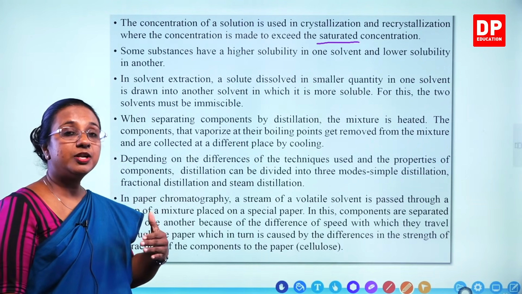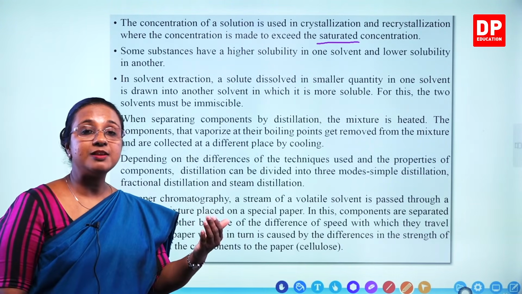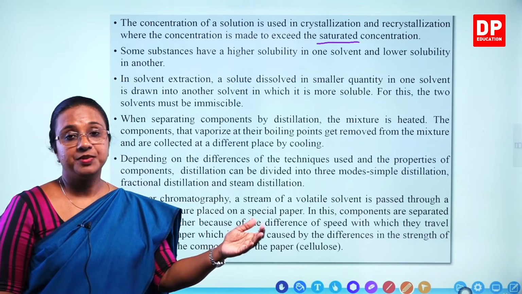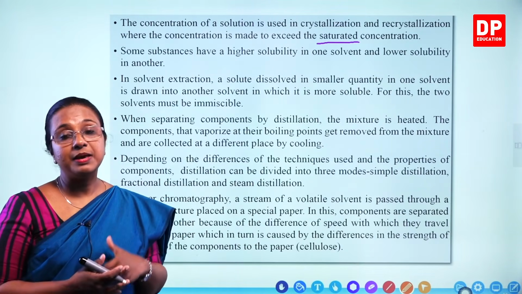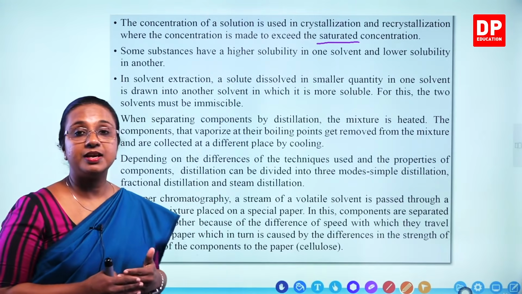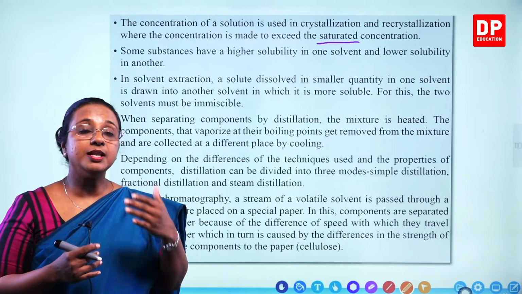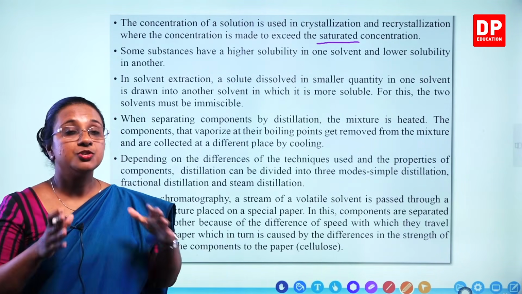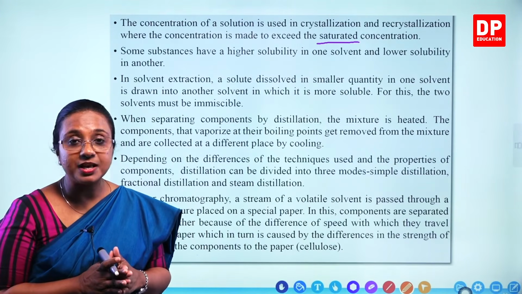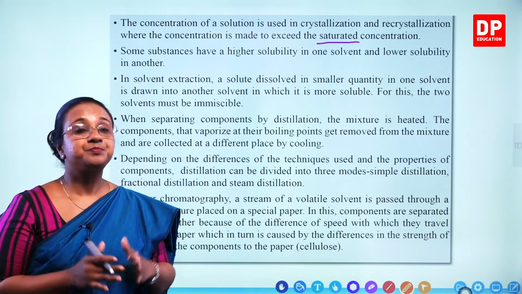So, if the component is more attracted to the mobile phase, it moves faster. If it's more attracted to the paper, that is the stationary phase, it is retained or it moves very slowly. So, that leads to the separation of compound.